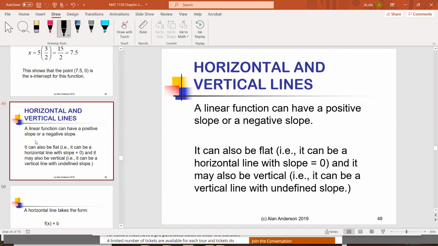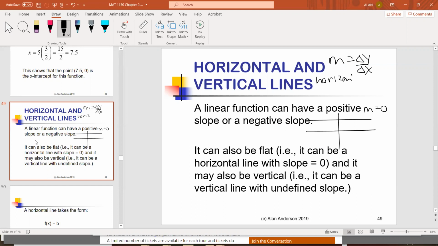We've already seen that if the straight line is flat, the slope is 0 because y never changes. Remember, the slope is delta y over delta x. With a flat line or horizontal line, since y never changes, delta y equals 0.